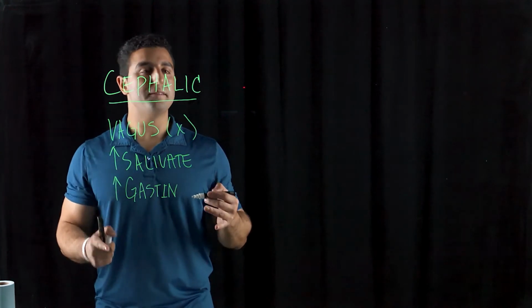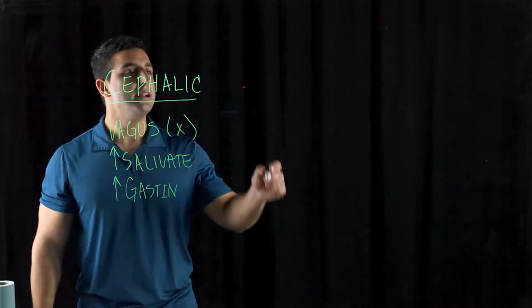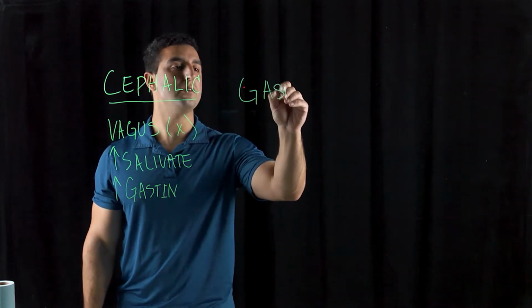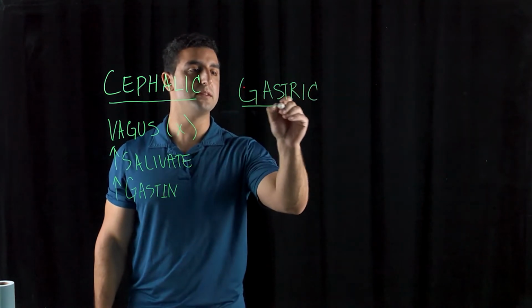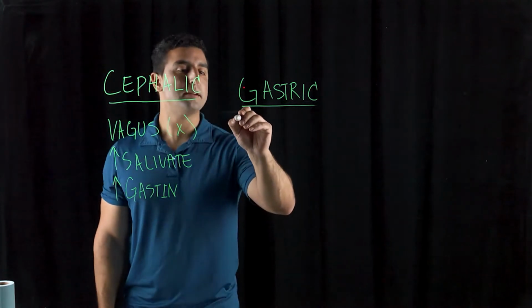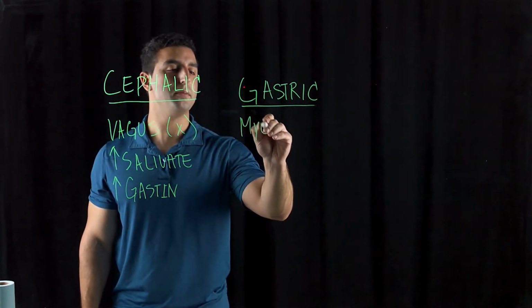So you finish the cephalic phase and then you put something in your mouth. Now you're eating whatever food you decided to choose. And now you begin the gastric phase. The gastric phase involves certain reflexes that we're going to talk about in a second. You have myenteric and vagovagal reflexes.